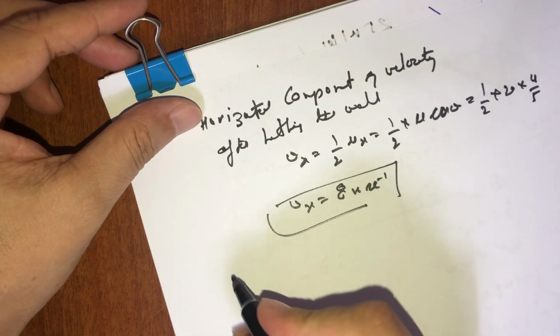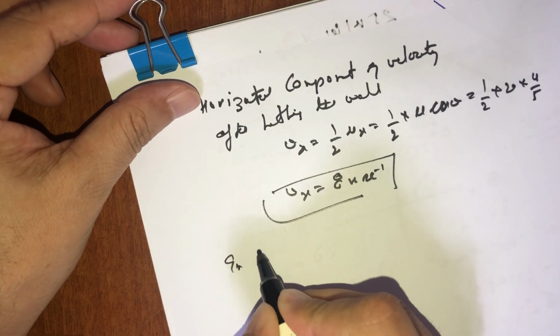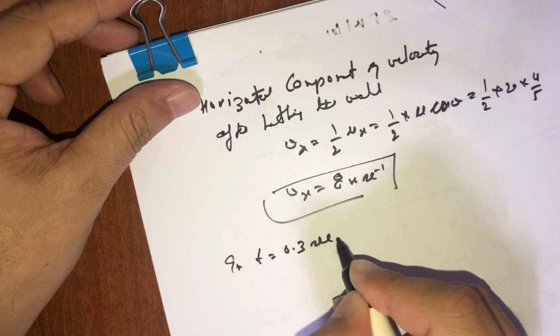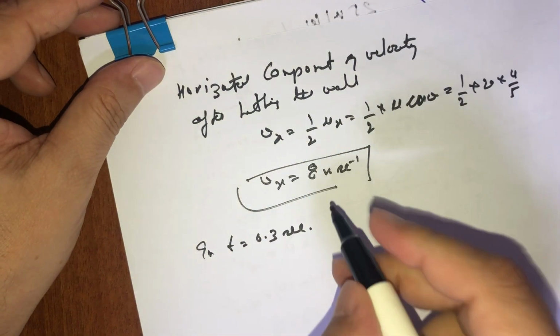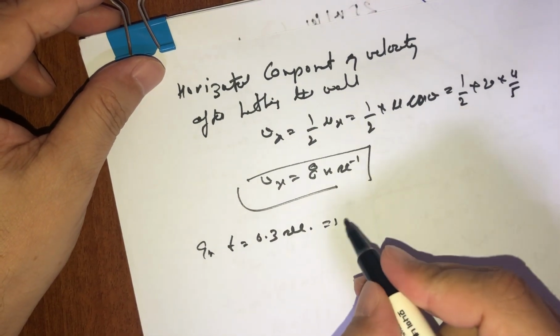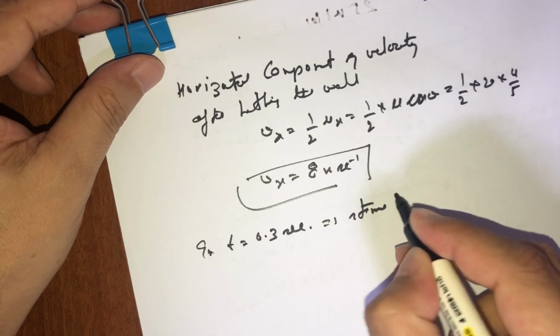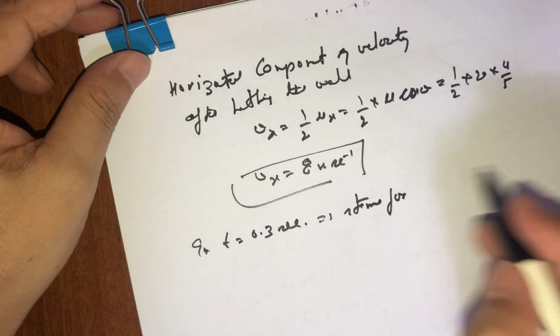So now, in time t is equal to 0.3 seconds, this is the time taken by the stone for its vertical motion.